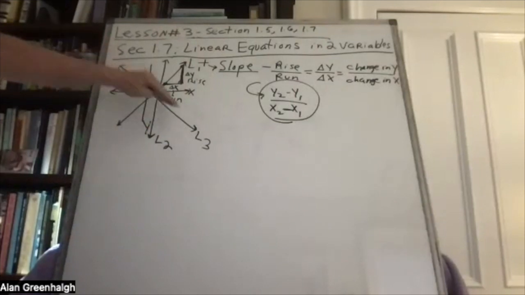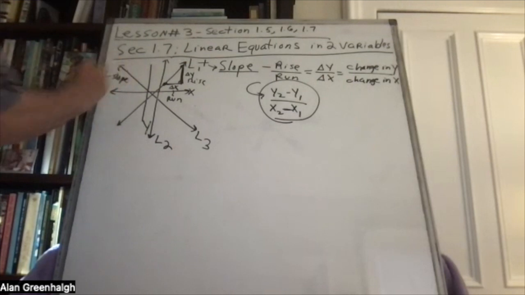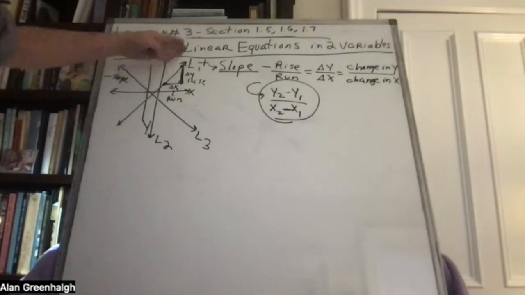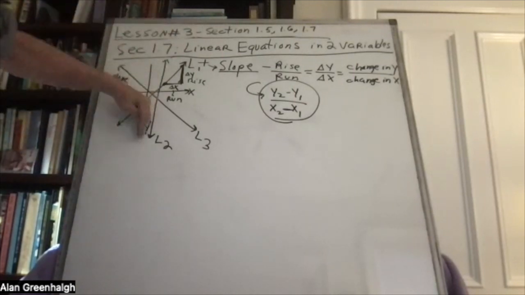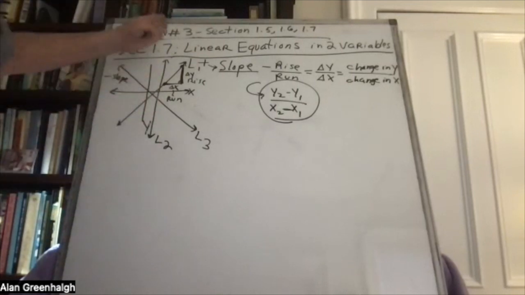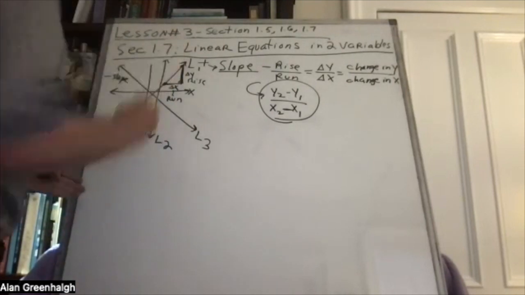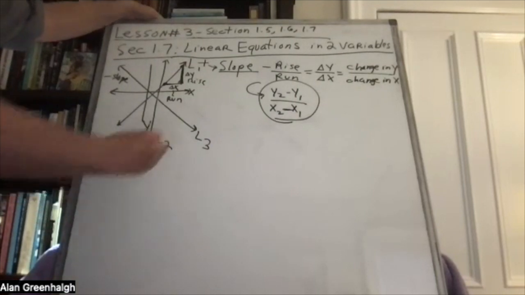A line that goes in this direction has a negative slope. This line has, I don't know, kind of a moderate looking slope, but this line has a very severe slope because it's very, very difficult to even go from one point to the next. Okay, so the slope is very important.